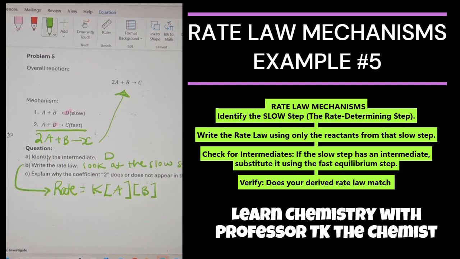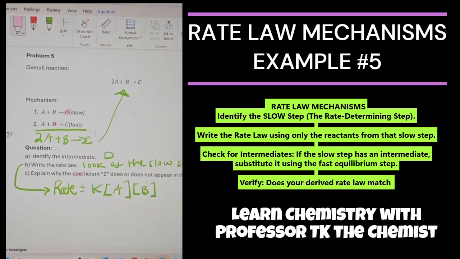Okay, and then letter C. It says explain why the coefficient 2 does or does not appear in the rate law. All right, who can tell me why we do not use the coefficient of 2? Why do we not consider 2?